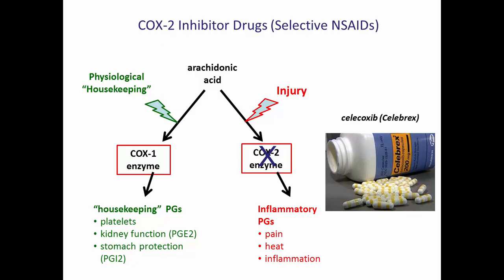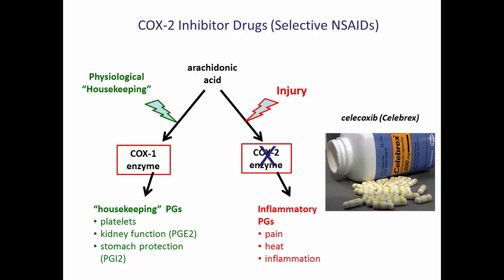However, there were some issues, especially in the early days, and even still there are some cautions. People that were taking COX-2 enzyme inhibitors had an increased risk of myocardial infarction or heart attack and stroke. And so for a while, some of these COX-2 inhibitor drugs like Vioxx were taken off the market.